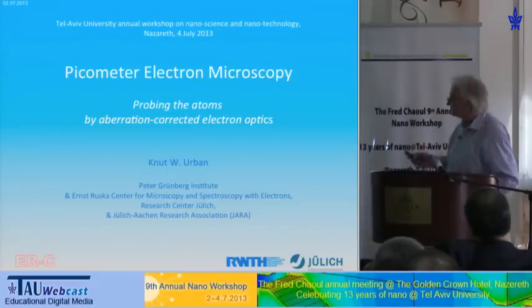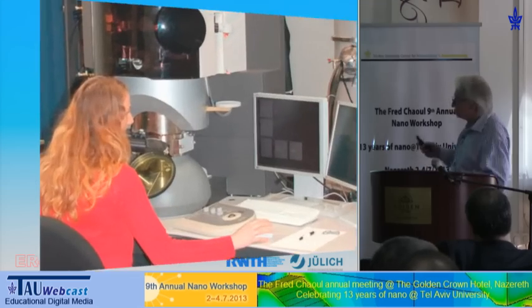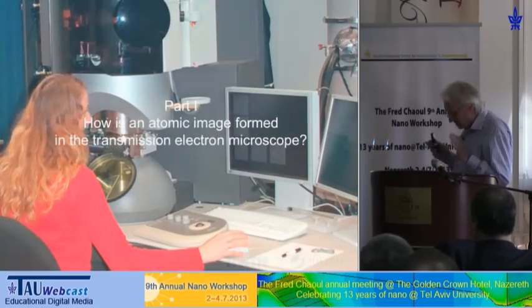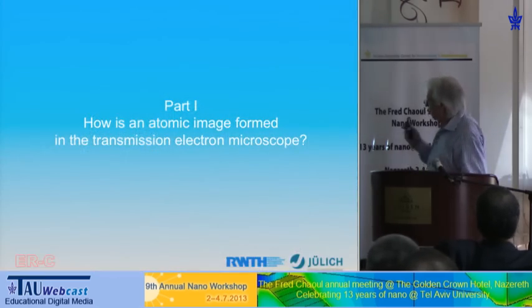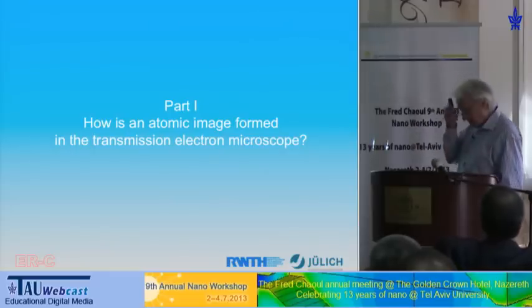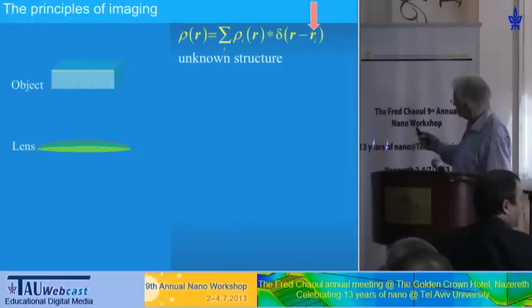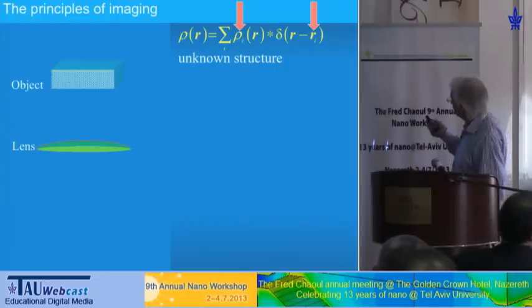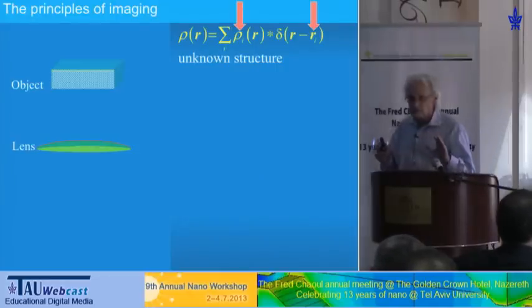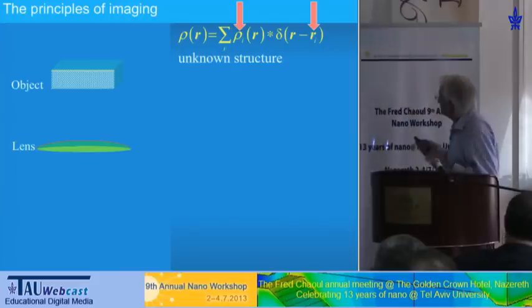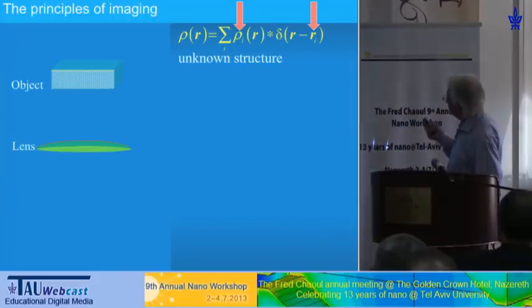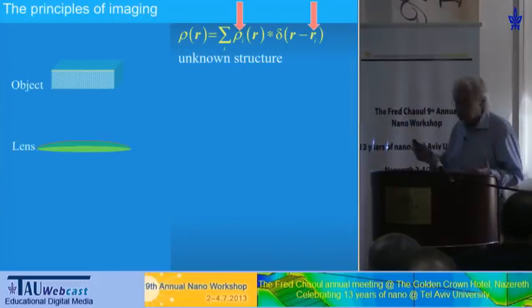As always, I start like this. We start from scratch. That means we are asking ourselves, how is an atomic image formed in the transmission electron microscope? And as a physicist, I start with a sum over delta functions which are centered at the atomic positions R_i. These are the atomic positions. We want to measure these atomic positions.